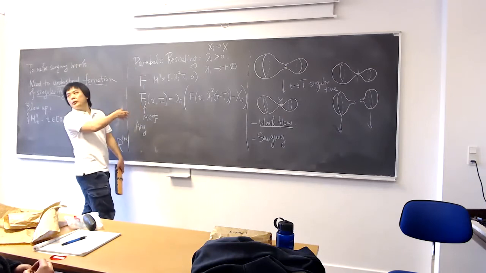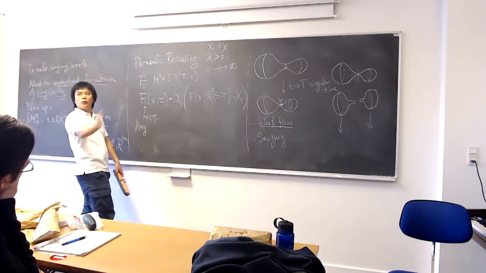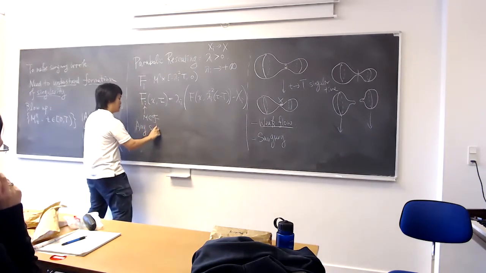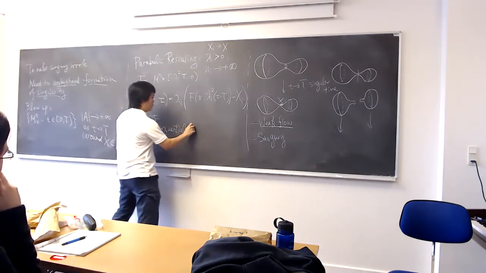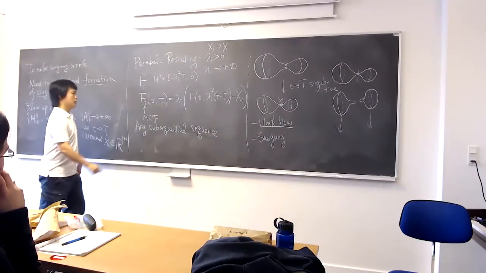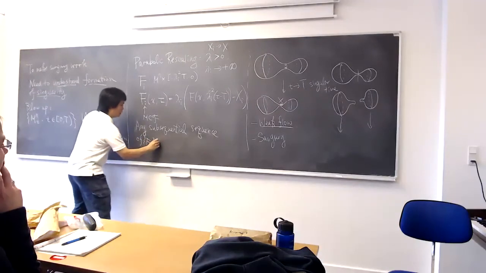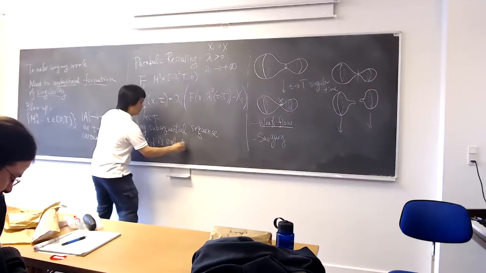I might or might not be able to take the limits, but let's say I have a subsequence which converges, then I will call this a limit flow, any subsequential limit of these flows.